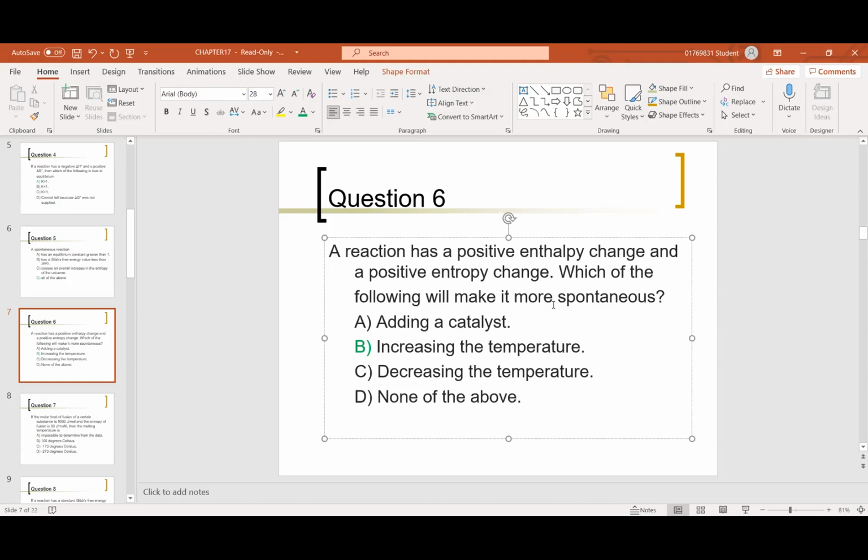I think it's increase, because negative delta G is spontaneous. Let me use the annotate tool because I think this will help.